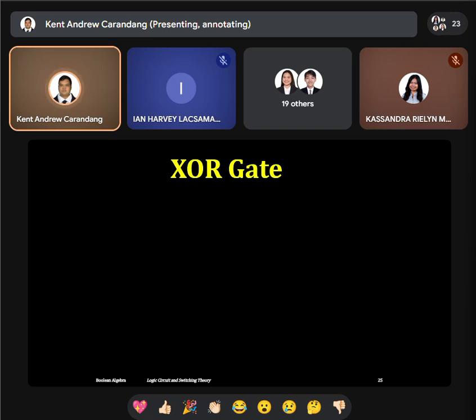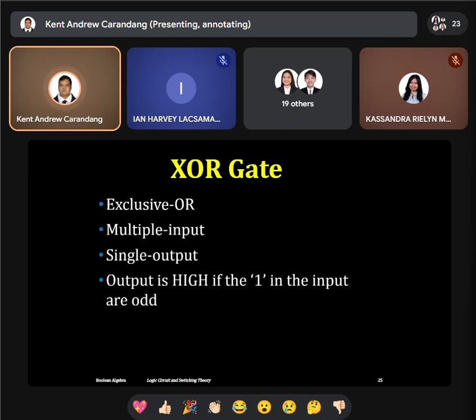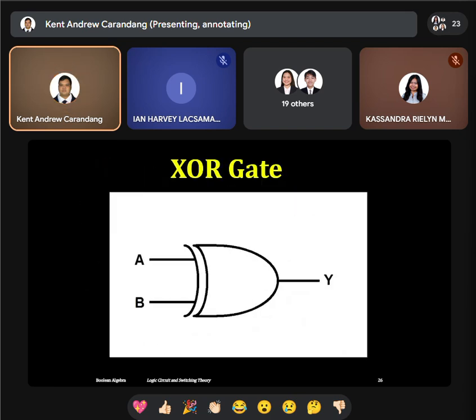Next is XOR, or exclusive OR gate. It has multiple inputs and a single output again. The output is high if only one of the inputs is high. This is the schematic for XOR. It is just an OR gate, and we add another line here indicating that this is an exclusive OR gate.